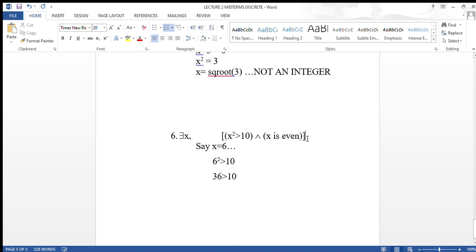So this proposition will have a truth value of true. But if this open proposition had the universal quantifier for all, then this will be false because not all integers will satisfy this condition.